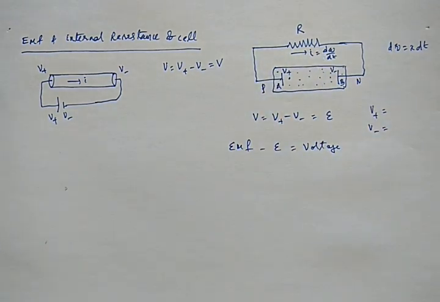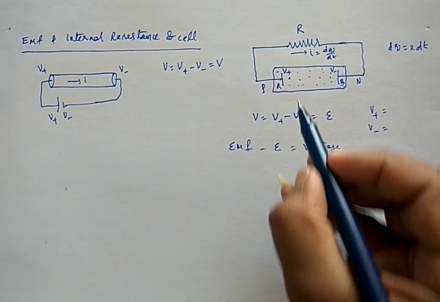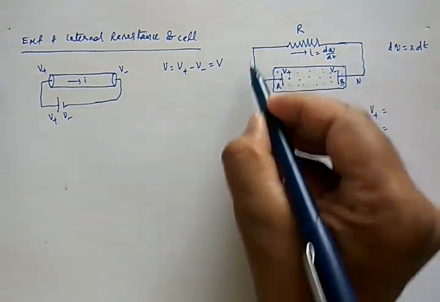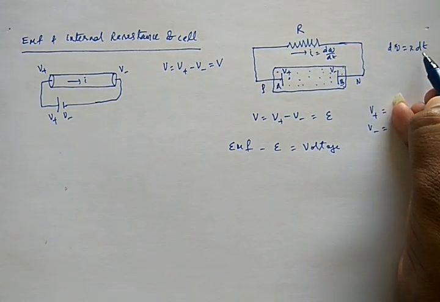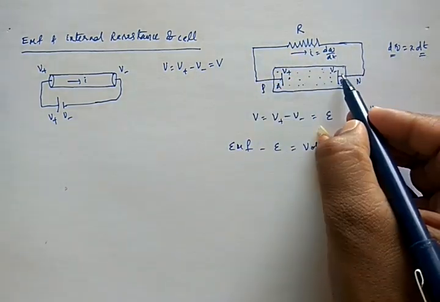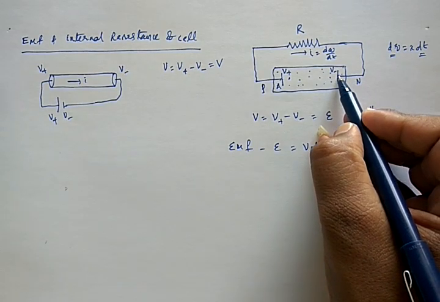But in the case of a battery, what happens? Whenever some charges are coming from A to B through this line, assume that in delta t time, dq is the charge that is getting deposited on this terminal.